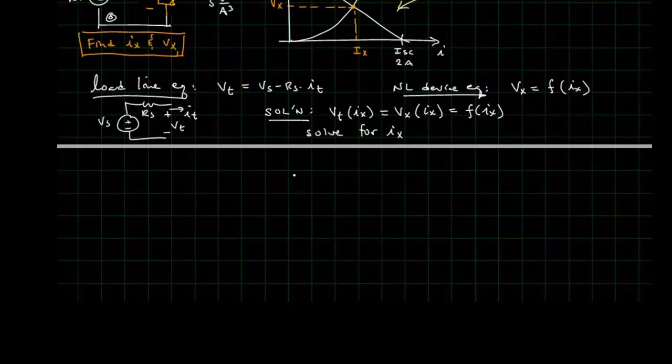Now there's an alternate form of this. You could also rewrite this as current expressed in terms of voltage. That would be It equals source voltage Vs minus terminal voltage Vt over Rs. And then on the right side, perhaps we have Ix is a function of, say, g of Vx.